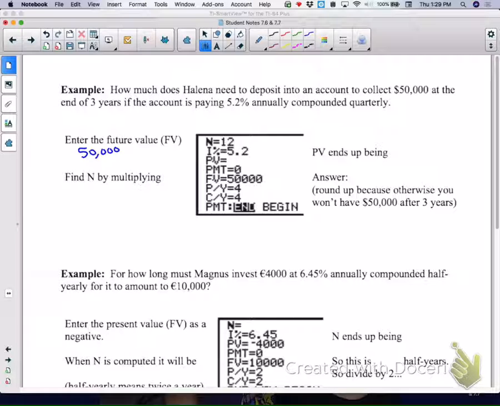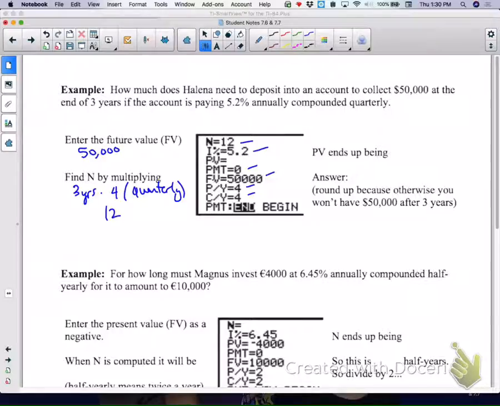We're going to find our N by taking our 3 years times 4 because we're doing quarterly. So 12. So there's my 12, my interest rate, leave the present value blank or 0, no payment, $50,000, and it was compounded quarterly, so each of those is going to be 4.